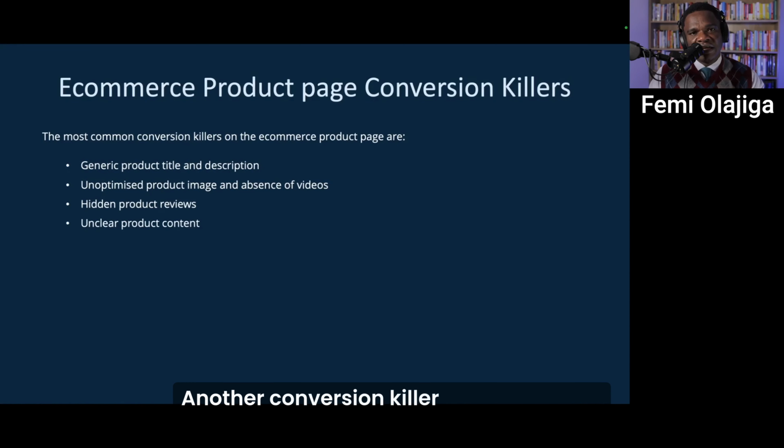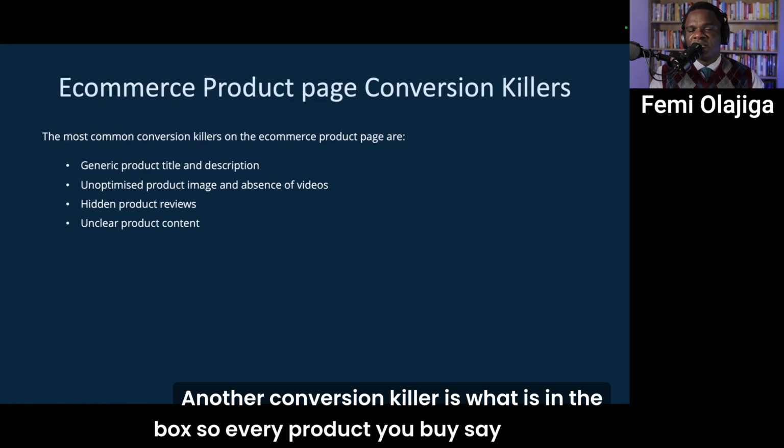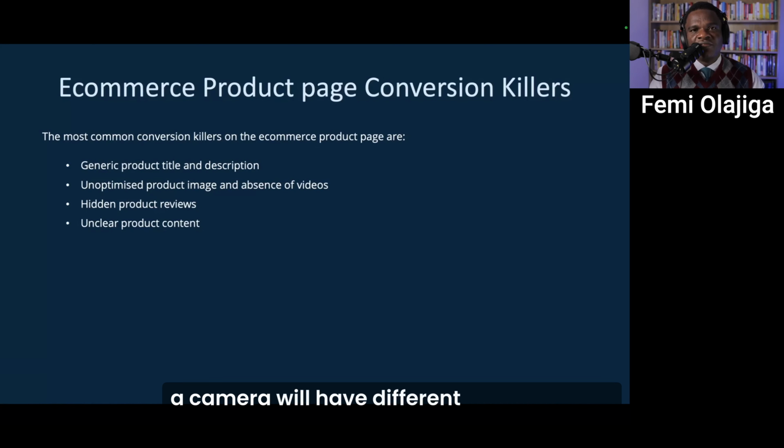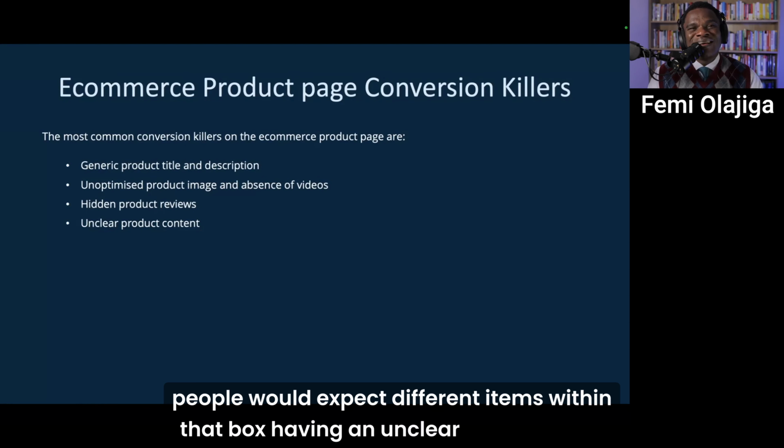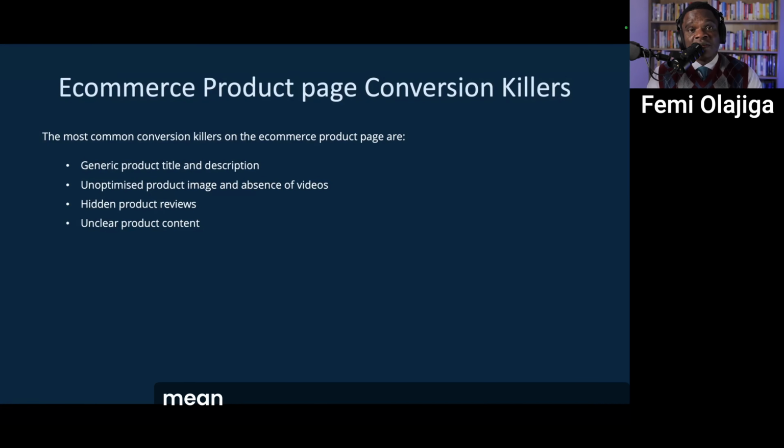Another conversion killer is what is in the box. Every product you buy, say for example a camera, will have different accessories in the box. If your product page is like that, where people would expect different items within that box, having unclear content of the product within the box is a problem.